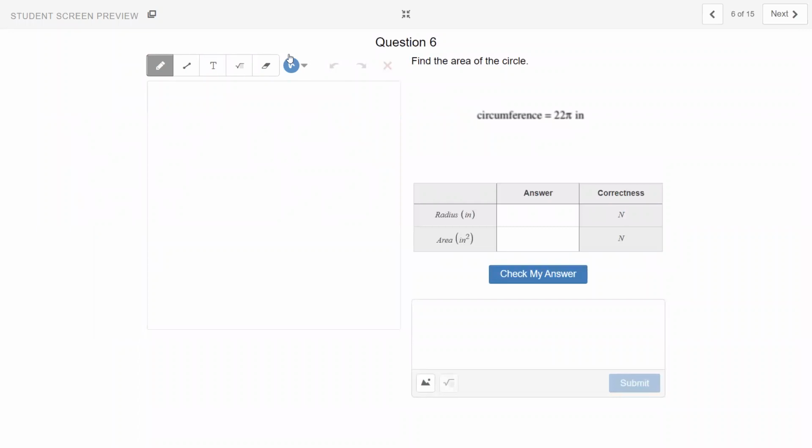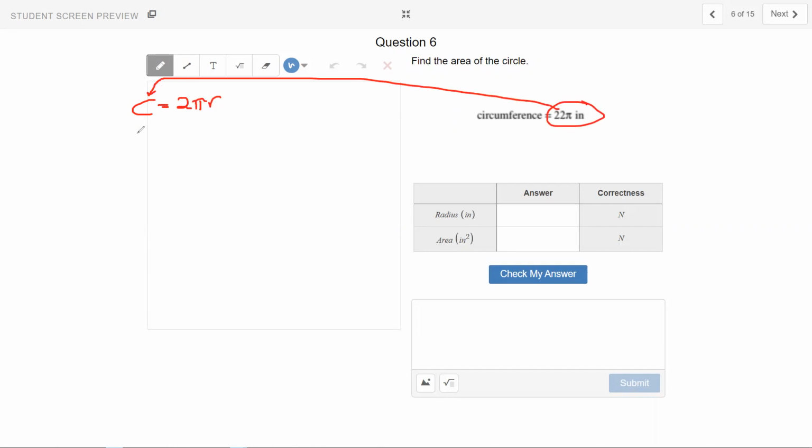All right, next one we have the area and we're finding the circumference. So we start with the circumference formula this time. Okay, 22 pi goes in for C because it's the circumference. 2 pi r. We're going to divide both sides by 2 pi. 22 divided by 2 gives us 11 for our radius.